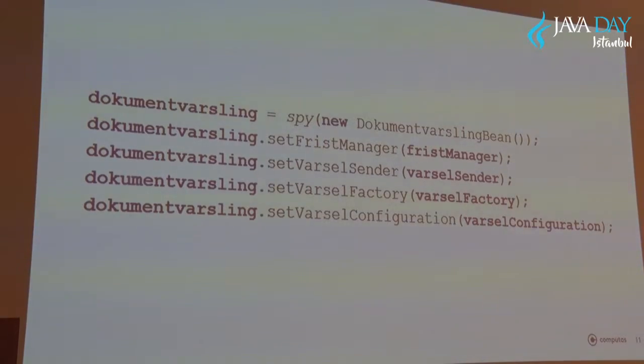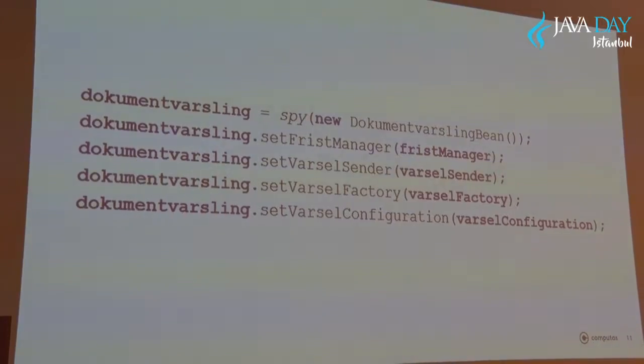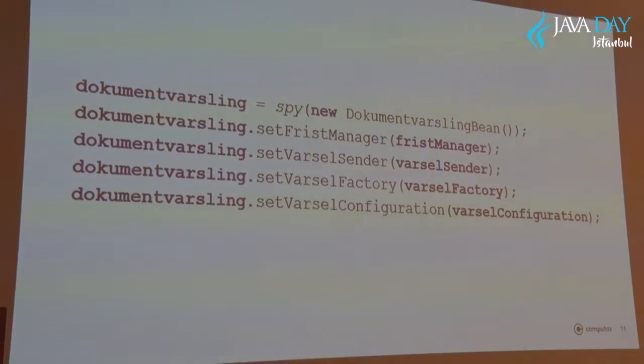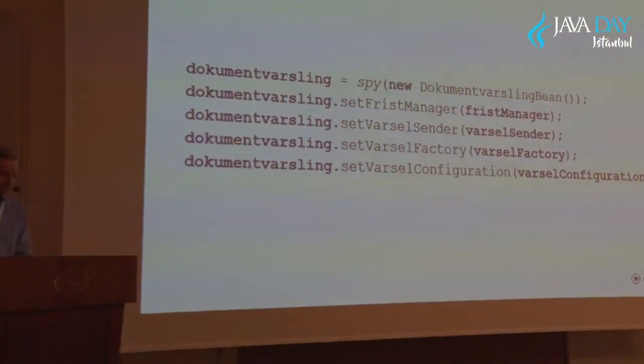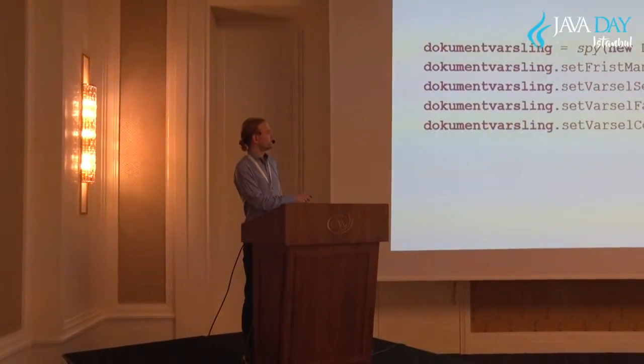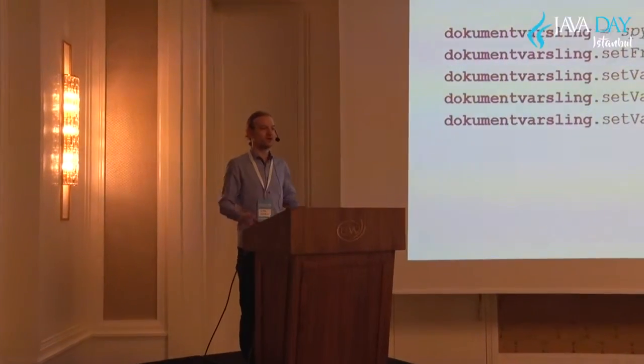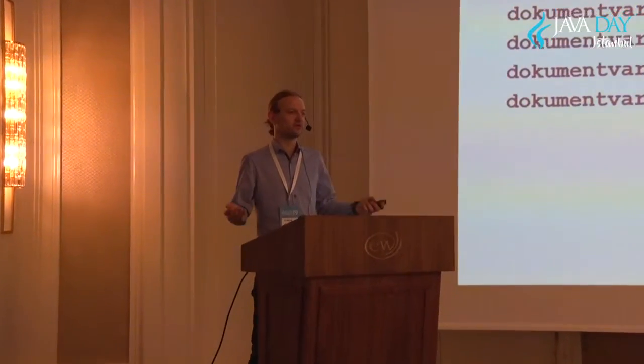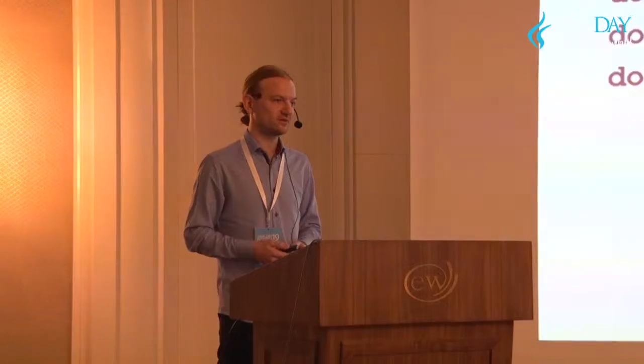Those words you don't understand are Norwegian, by the way, so don't worry. This is from a test I wrote a while ago. And you know, those list manager, for example, that could be off, or it could be a real object, it could be whatever you want it to be for the sake of your test.